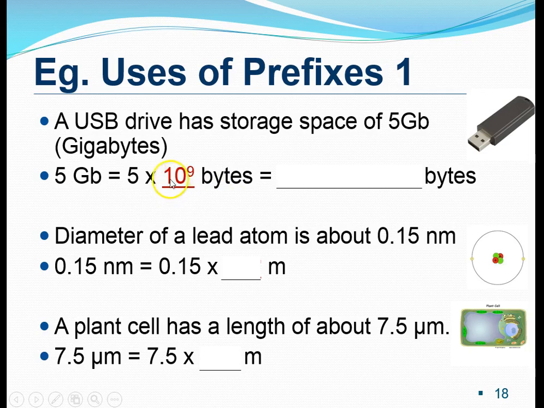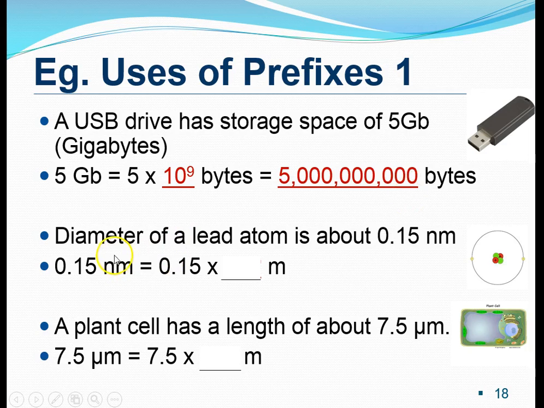Since it saves us time, instead of writing so many zeros, we can simply write it down as 10 to the power of 9. Now, if you want to break it out and expand it, since it's 5 times 10 to the power of 9, we can write it in its long string as 5 followed by 9 zeros at the back.